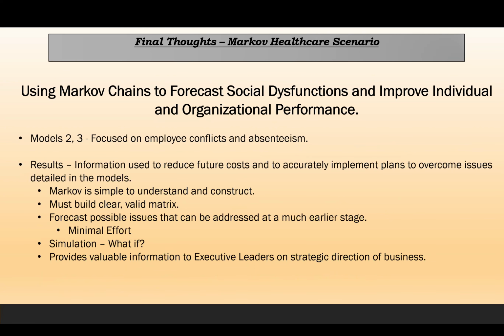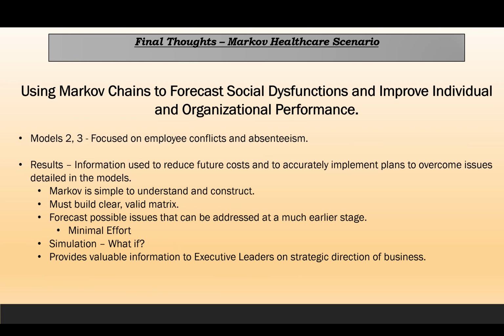Models 2 and 3 focused on employee conflicts and absenteeism. Long story short, what they really found is that you can use this information to reduce costs to the facility or to the organization, and this one's the big one for me, implement plans to basically overcome issues that somewhat haven't happened yet.